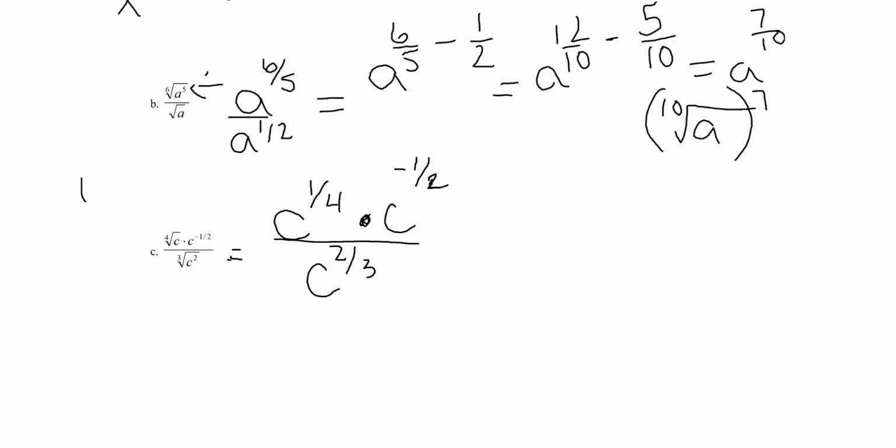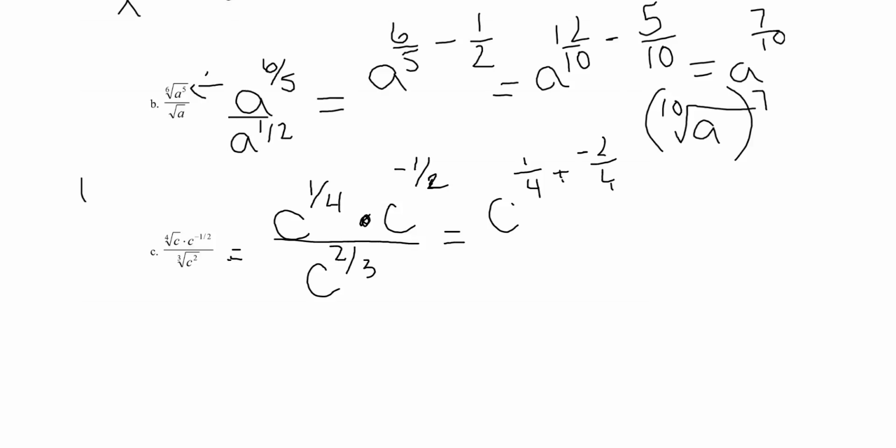So to solve this, I'm going to start by simplifying the top first. I'm going to add my exponents up there because it is multiplication. And I'm going to use a common denominator of 4. So we're going to have C, and we're going to have 1/4 plus negative 2/4.